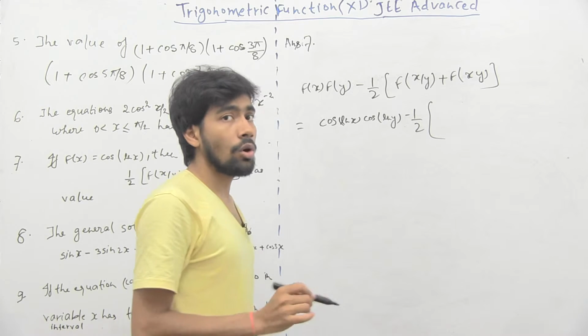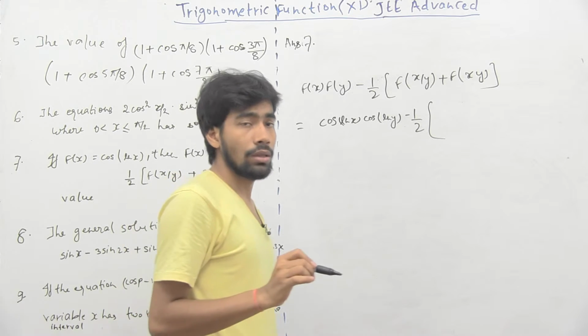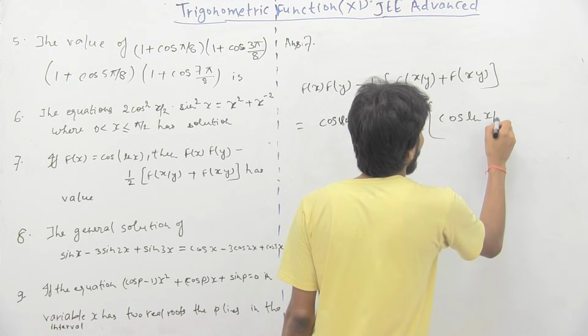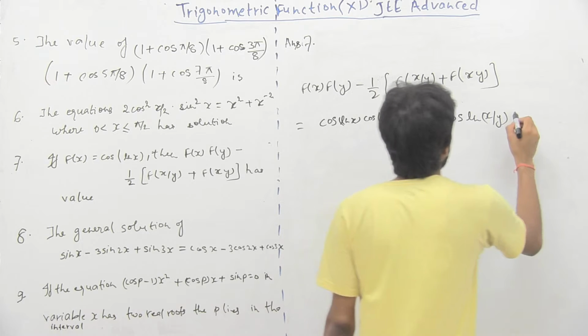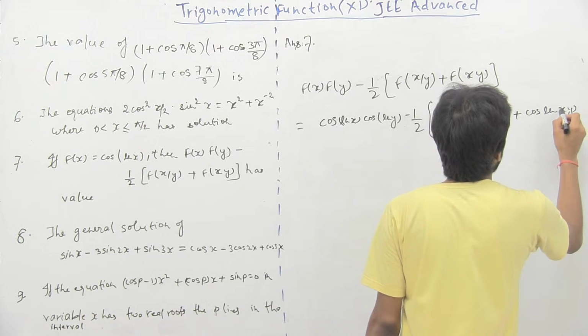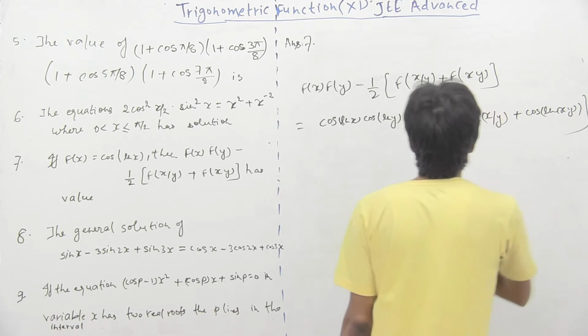We will have cos of ln (x by y), plus cos of ln (xy).